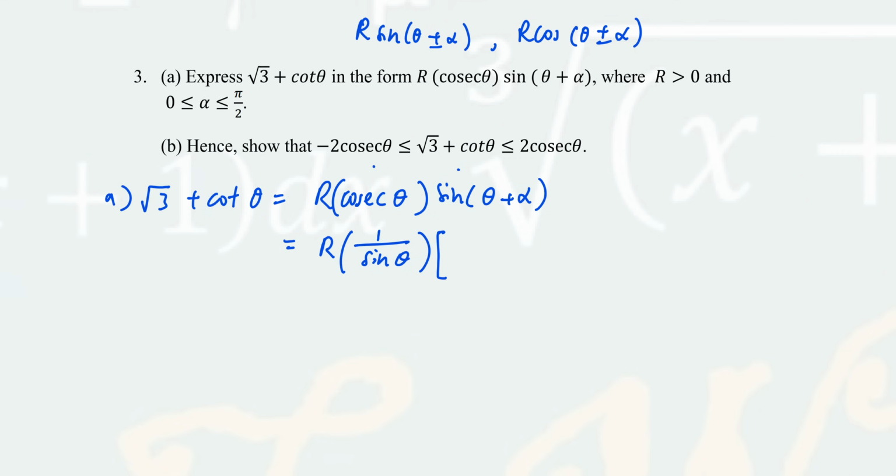For this expansion, you need to refer to the addition formula or the compound angle formula, which is sine (A plus B). In this case, our A is theta, B is alpha. Then you will be getting sine A cos B plus cos A sine B.